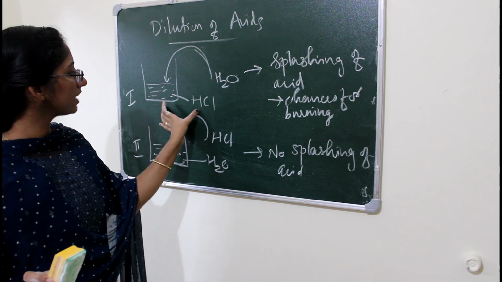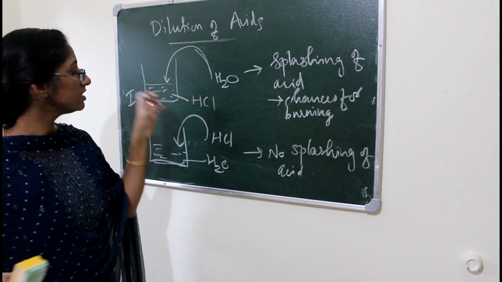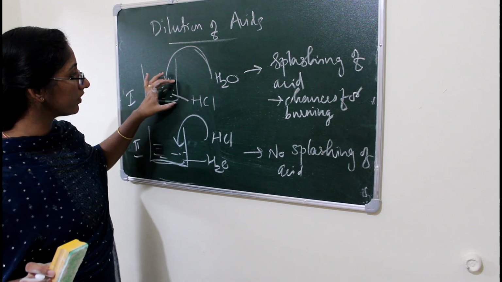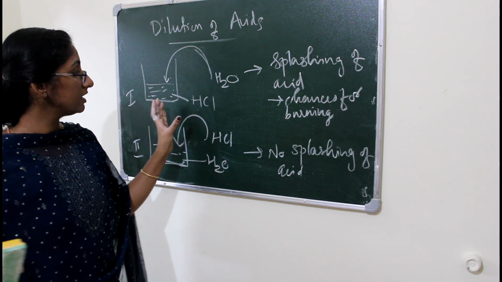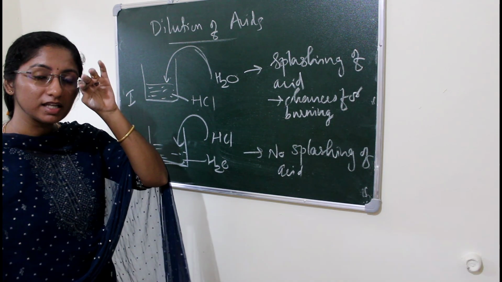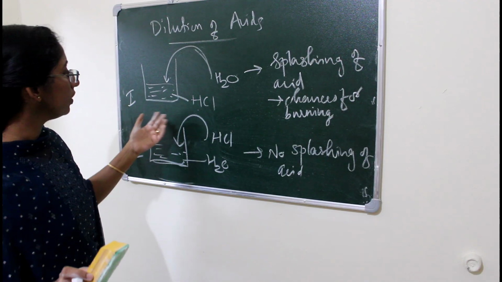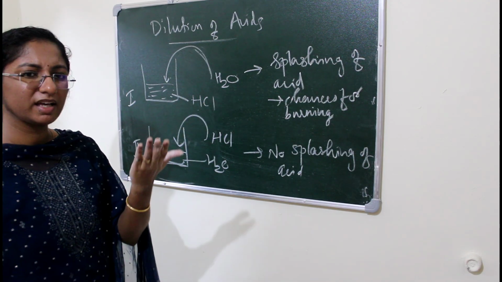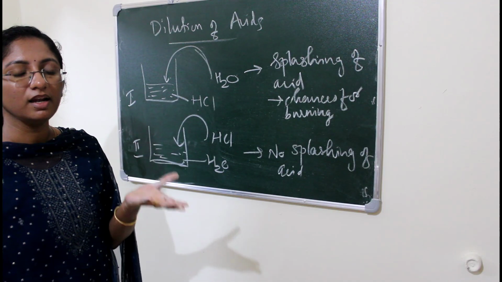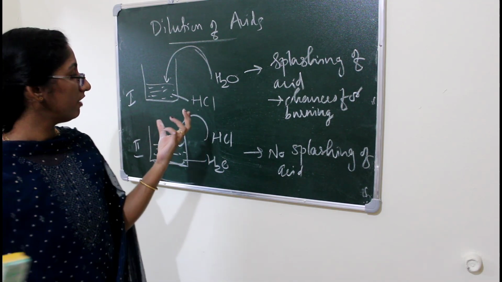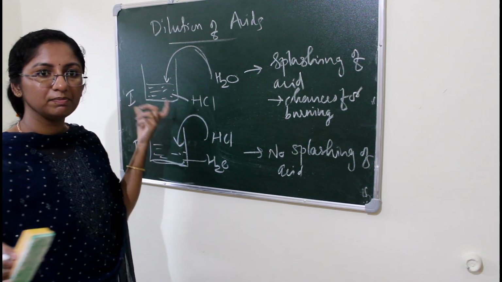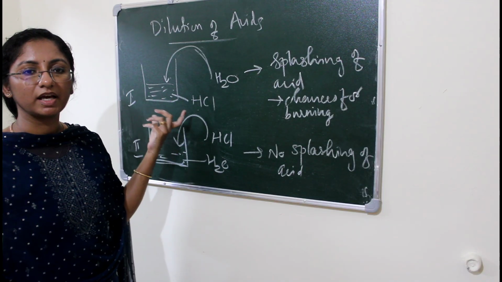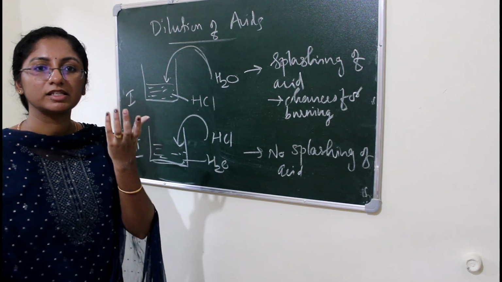Actually, this first case is an exothermic reaction. That means in the beaker we already have HCl, in which the concentration of H plus ion is more, right? When we take concentrated HCl or any concentrated acid in a borosilicate glass beaker, we can sense that the solution is a little bit hot.